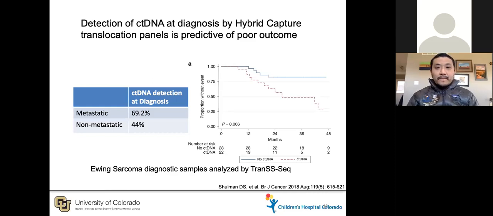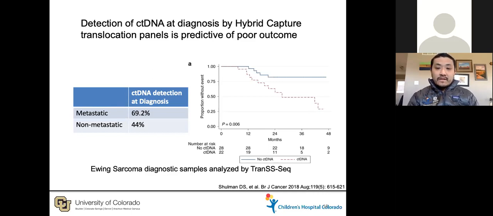In Ewing sarcoma, the COG has tried hybrid capture of the known EWS-FLI1 translocation with next-gen sequencing. ctDNA detection at diagnosis was around 70% for metastatic patients and 44% for non-metastatic patients.